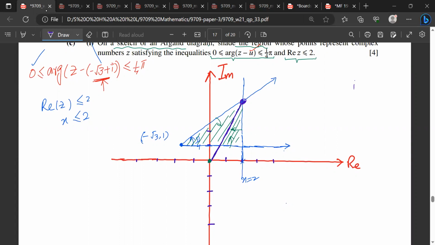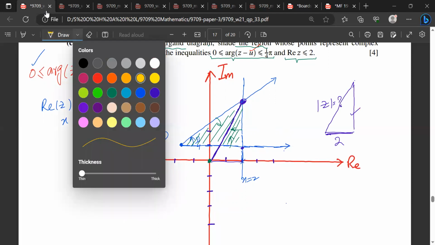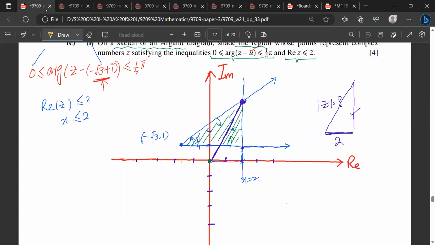So we have a triangle. In this triangle, this is the greatest value of z, question mark. This length is obviously from this end to this end is 2. So we need one more length or the angle. So we need this length. How to find this length? So this height is 1 and you can find the length from this end to this end.